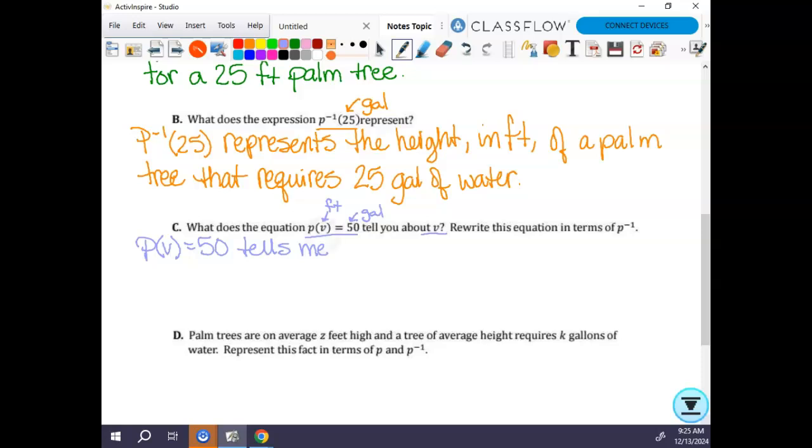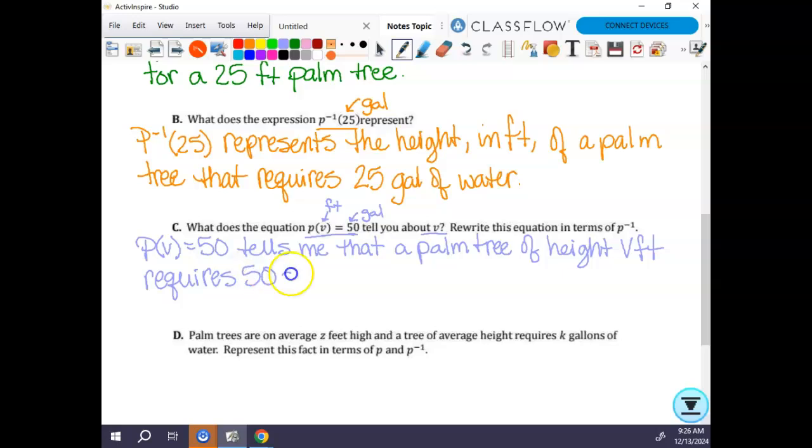Well, this is V, it's telling me how much water. So P of V equals 50 tells me that a palm tree of height V feet requires 50 gallons of water.